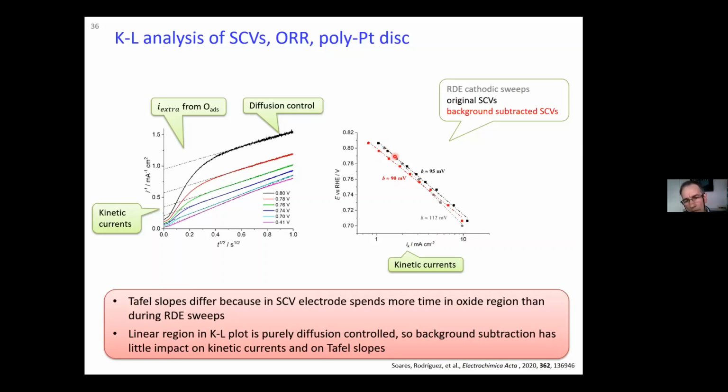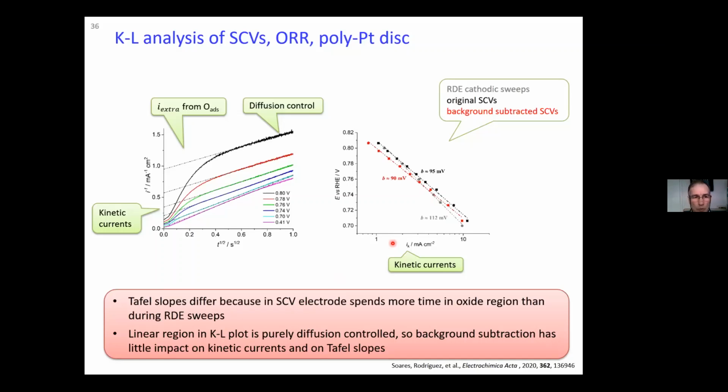In gray, we've got the rotating disk electrode, in black, the original sample current voltammograms, and in red, the data coming from the background-subtracted sample current voltammograms. There's a difference in Tafel slopes, because in sample current voltammetry, the electrode ends up spending a lot more time in the oxide region than during a sweep. But still, the agreement is quite reasonable.